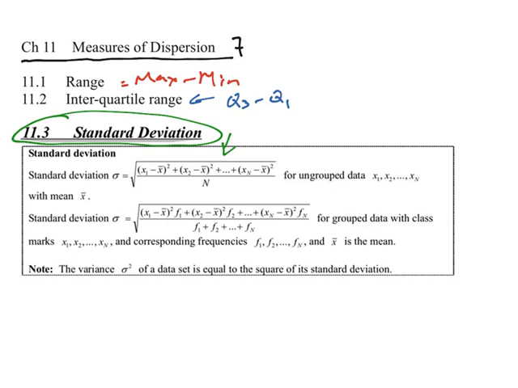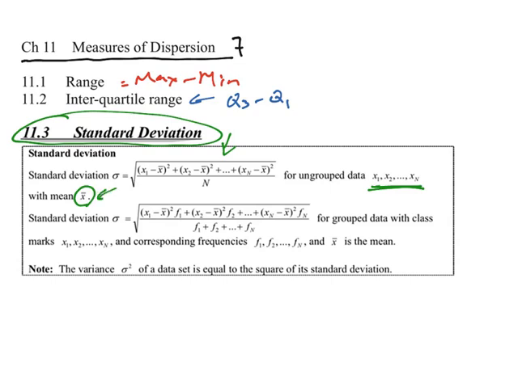But at the beginning, we need to explain the standard deviation equation. We have two types of standard deviation. The first type is ungrouped data. That means like this. This is a data set. Firstly, we find the mean. We add them and divide by n, the number of data, and then we find the mean.